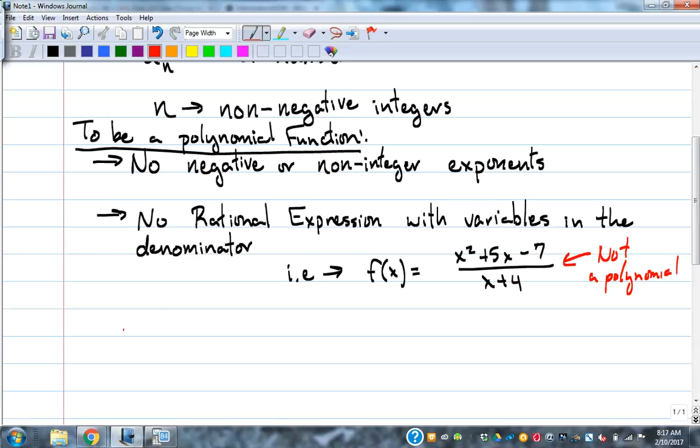All right. Domain of a polynomial is negative infinity to positive infinity. What's that just like?